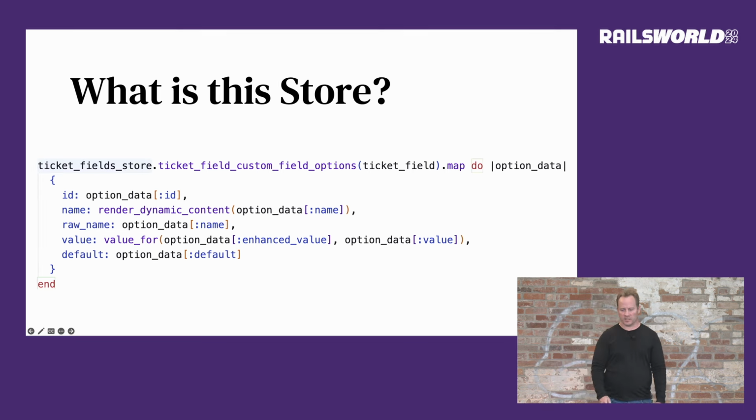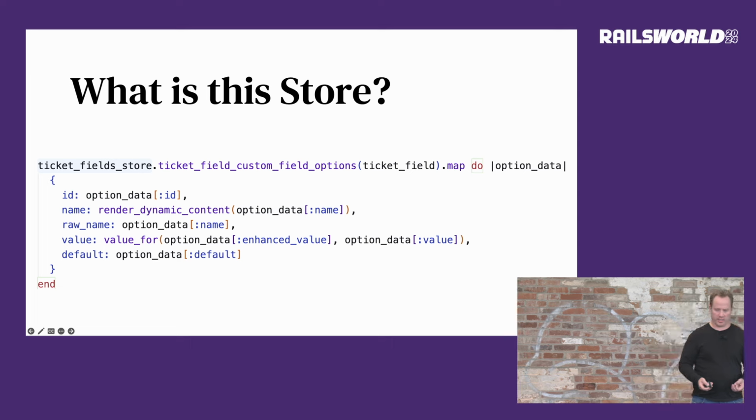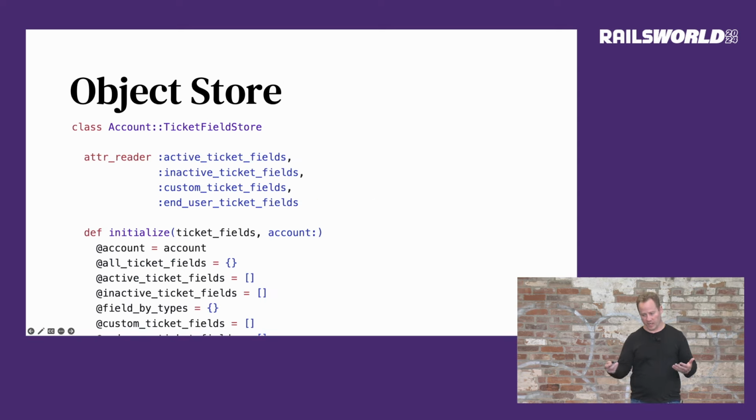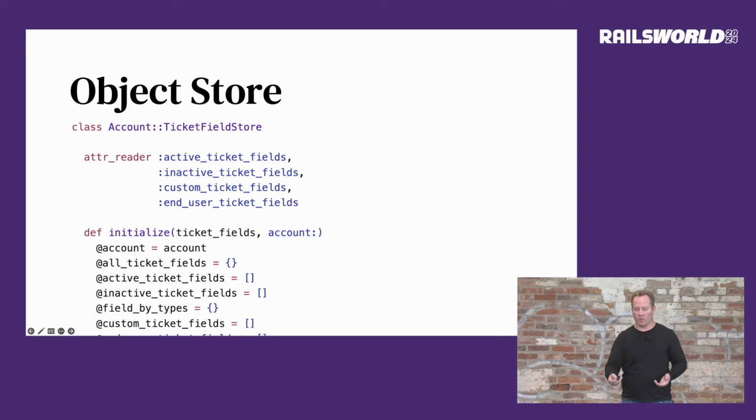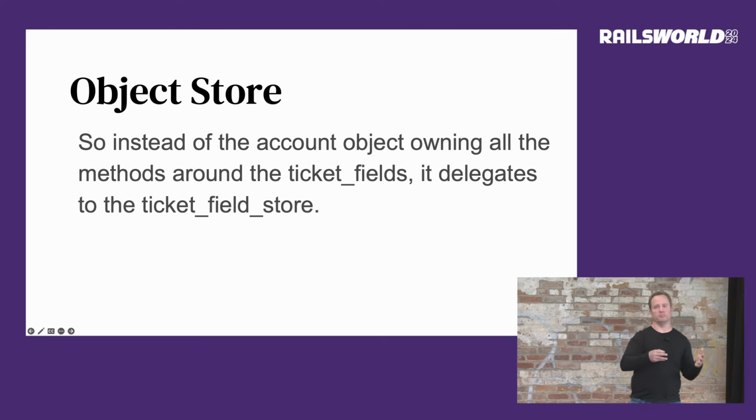One of the things you're probably not asking, but when I gave this talk internally, they were asking, what is this ticket field store? So the ticket field store in our application looks like just an object that we store ticket fields in. One of the things you've got to know is Zendesk's ticket request cycle.